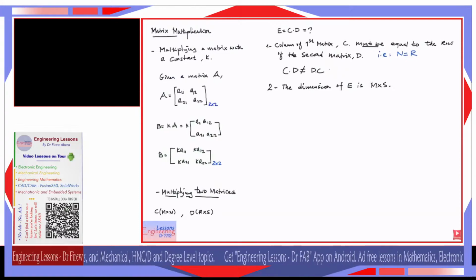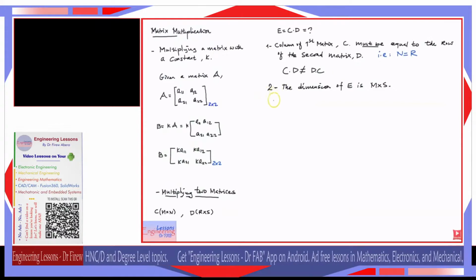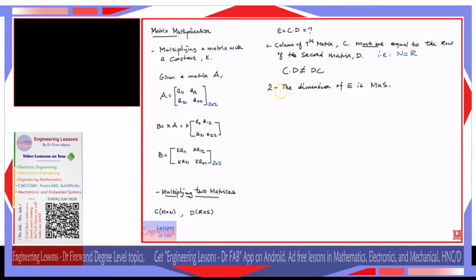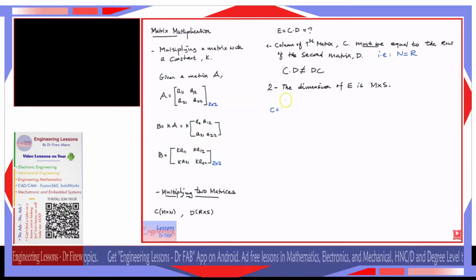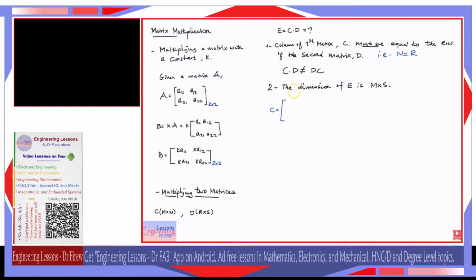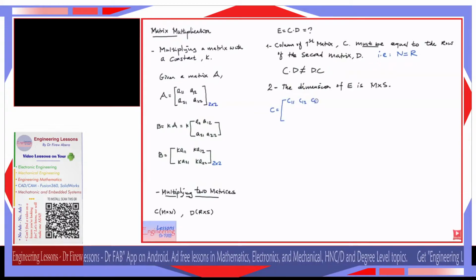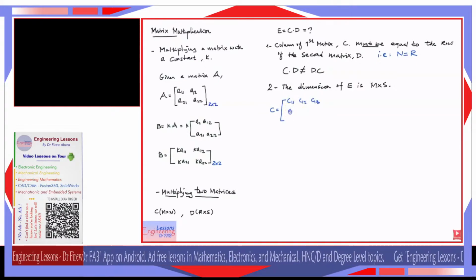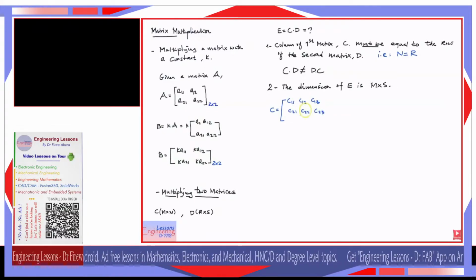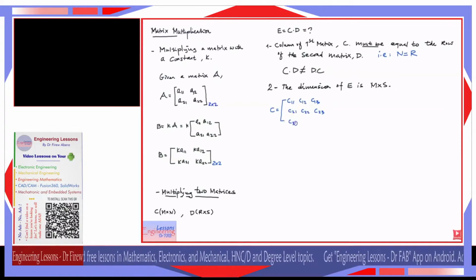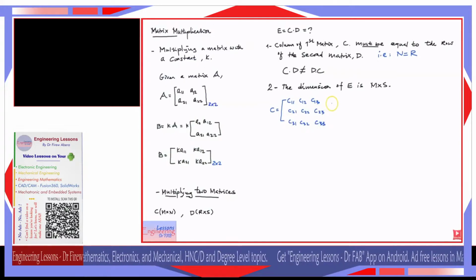Now let us spell everything out for these two matrices. Let us write their elements. In the first case, C is C11, C12, C13, C21, C22, C23, and C31, C32, C33.